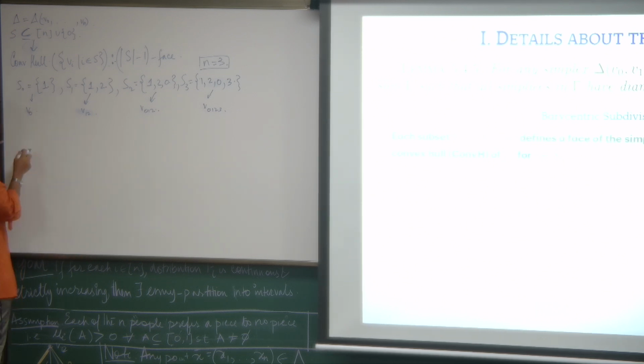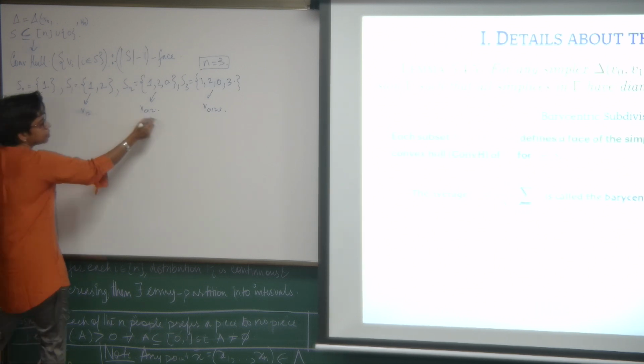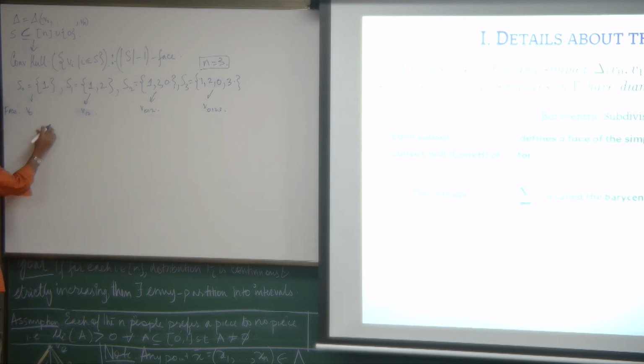Now, suppose the barycenter of a face is defined by this. So, these are the faces. This arrow means this is the corresponding face. So, the barycenter of a face is defined by this.